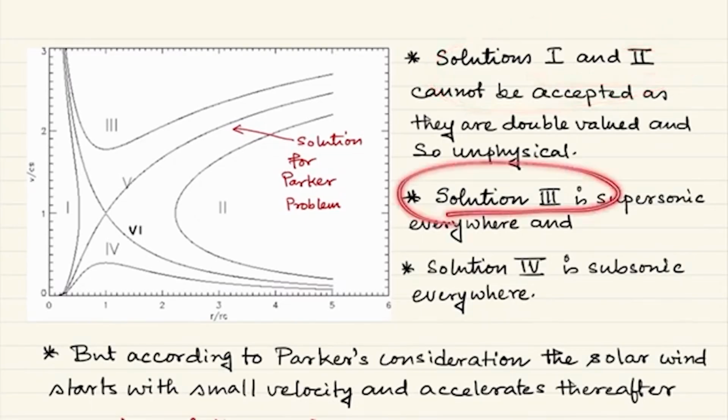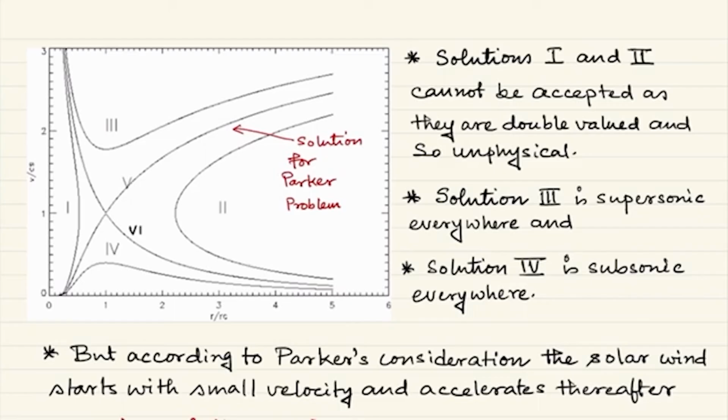Now solution 3 is this one, which says that the solar wind is always supersonic because the Mach number is greater than 1. So this is the sonic line. And solution 4 says the solar wind is subsonic always. Now, there is evidence from spacecraft data that the solar wind starts being subsonic, just by calculating the initial coronal temperature.